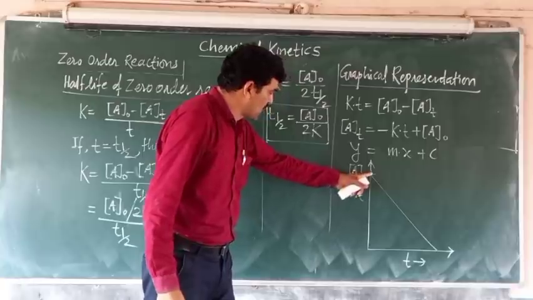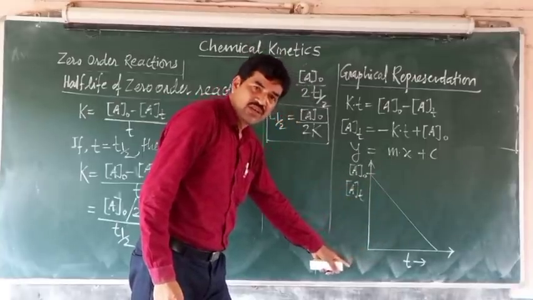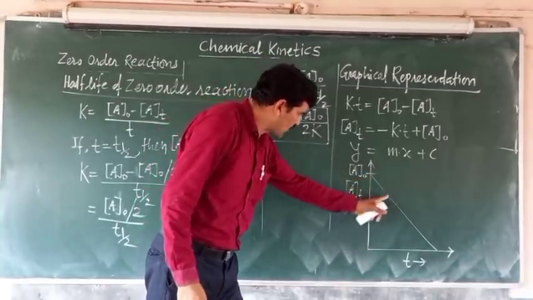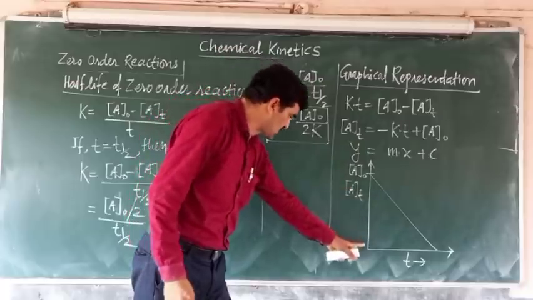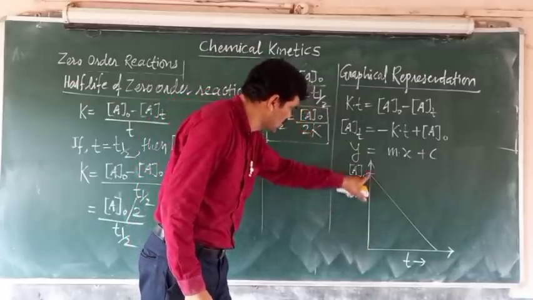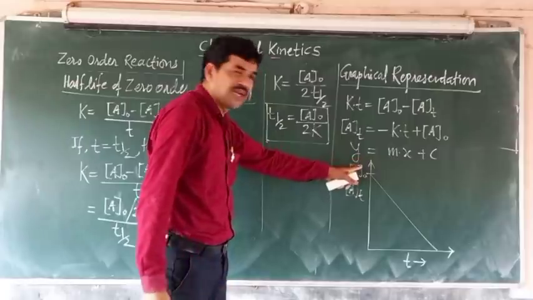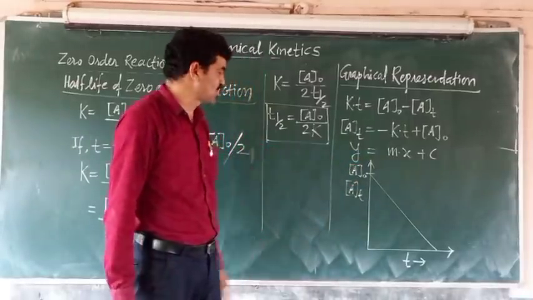The initial concentration of the reactant is obtained from this graph: the value from the origin to this point is nothing but A0, the initial concentration of the reactant.